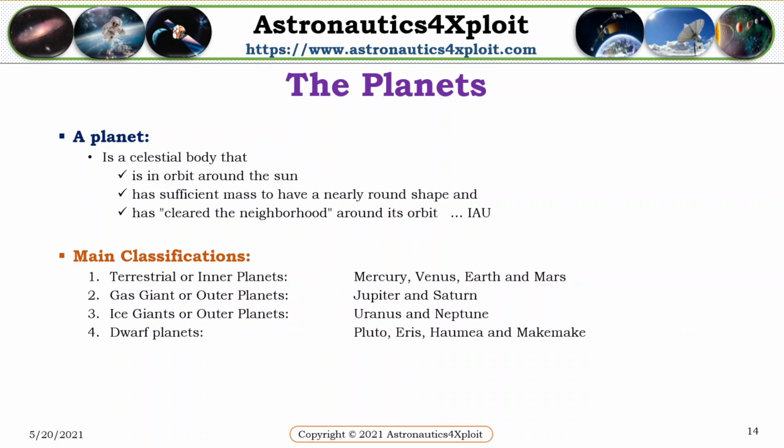The main classifications of the planets are terrestrial or inner planets, which are Mercury, Venus, Earth, and Mars; gas giant or outer planets, which are Jupiter and Saturn; ice giants or outer planets, which are Uranus and Neptune; and dwarf planets, which are Pluto, Eris, Haumea, and Makemake.